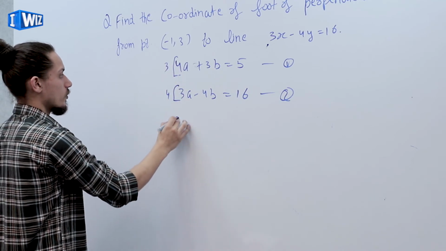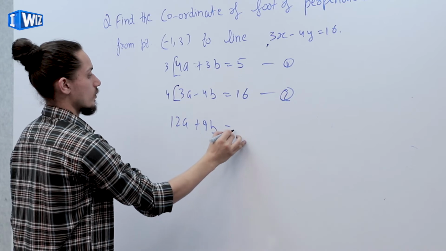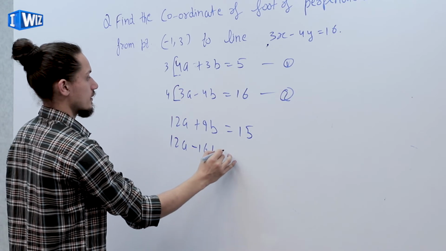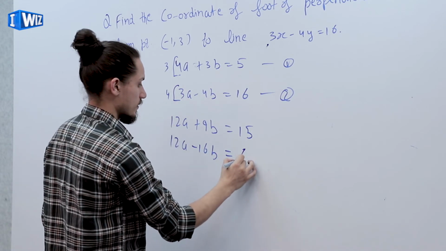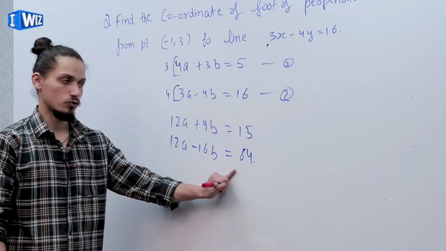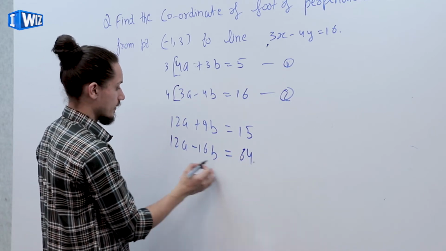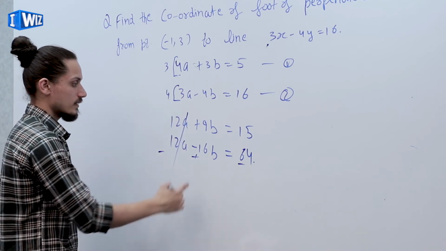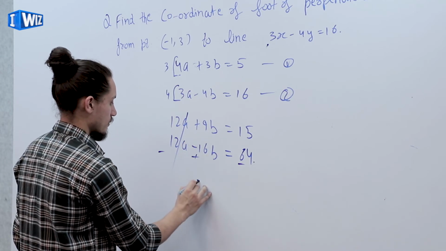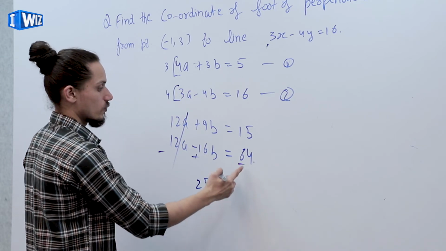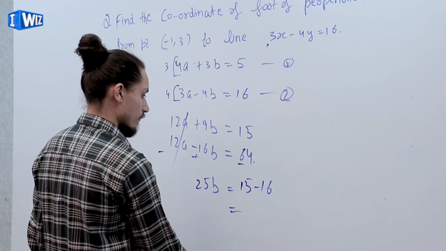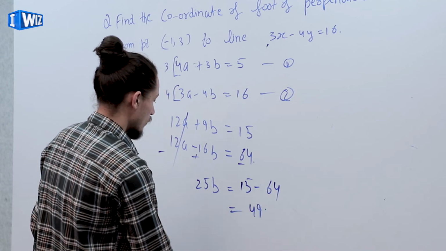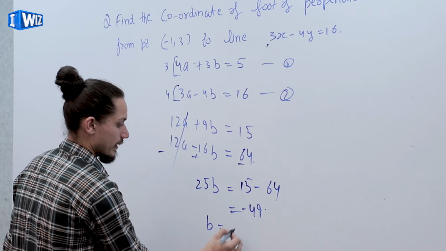We get 12a plus 9b is equal to 15, and this equation becomes 12a minus 16b is equal to 16 into 4, that is 64. ये आ गया हमारे पास दो equation. तो using elimination method, नेगेटिव यहाँ पे आ जाएगा, 12a cancel. 9 plus 16 gives us 25b is equal to 15 minus 64, which will give us minus 49.